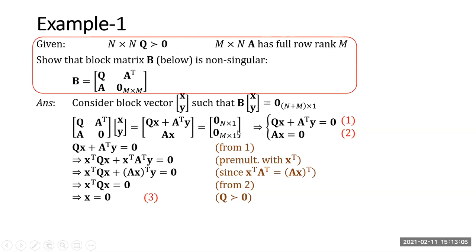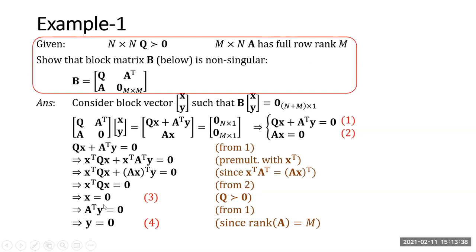But we have to show that Y must also be equal to 0, correct? So if X equals 0, now look at this expression. From this expression here, if X equals 0, then A transpose Y must also be equal to 0, correct? Yes. But A has full row rank, whence A transpose has full column rank, so it can only be 0 if Y equals 0.